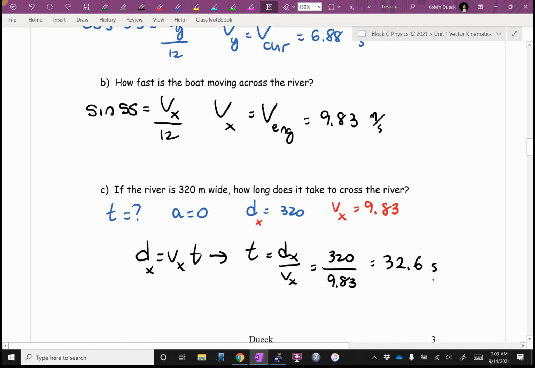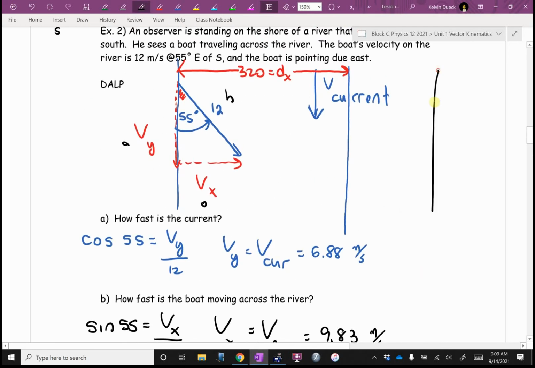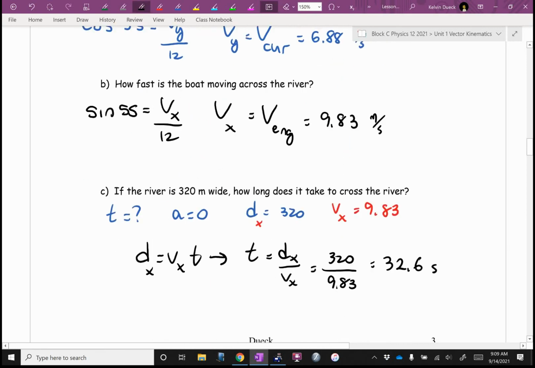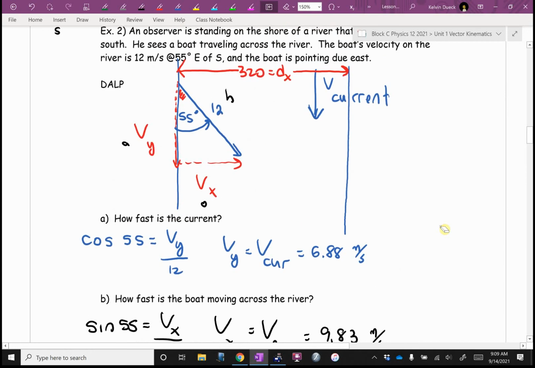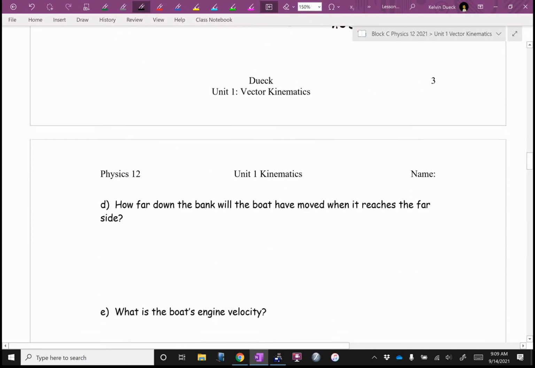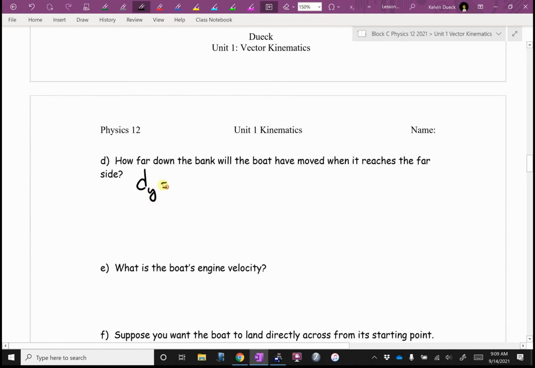Of course, if we do it this way, we'll end up way downriver from where we want to go. How far downriver? Okay, I think that's asking me to find a vertical distance or displacement. dy equals question mark. a is still 0.